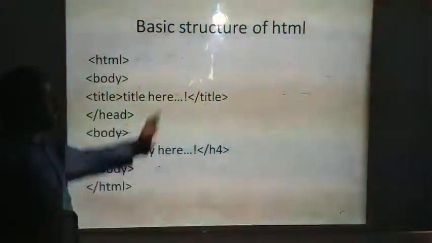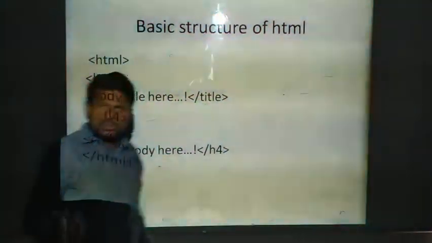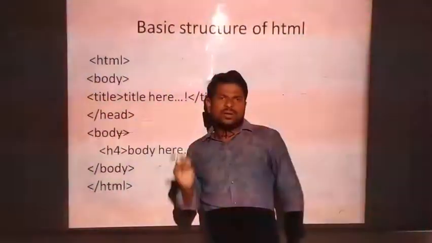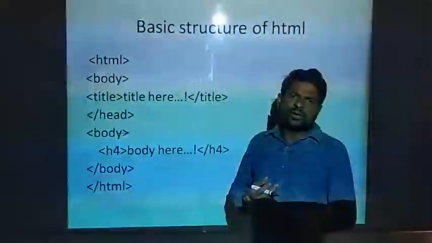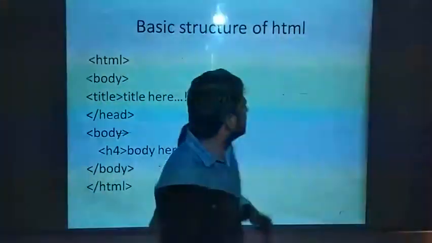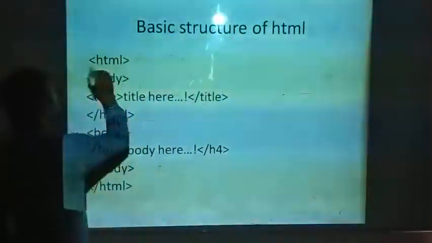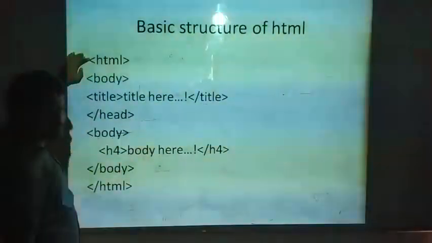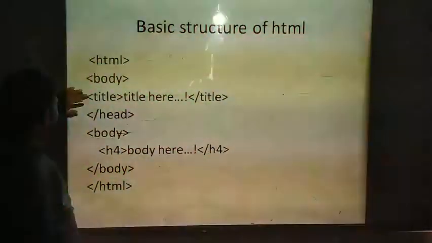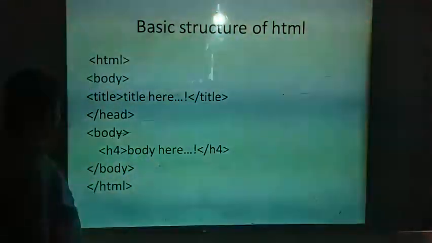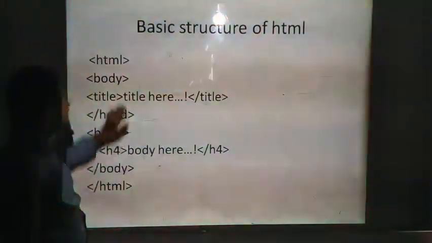This is the HTML tag. For writing any HTML document to create a web page, we must follow 4 tags: HTML tag, body tag, title tag and head tag. So this is a basic structure.